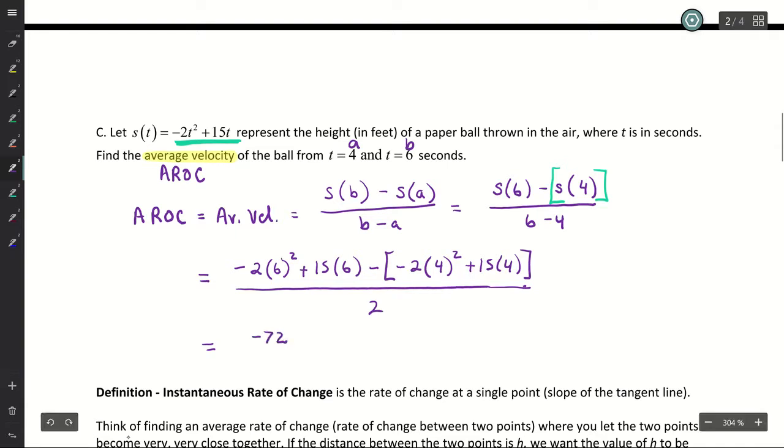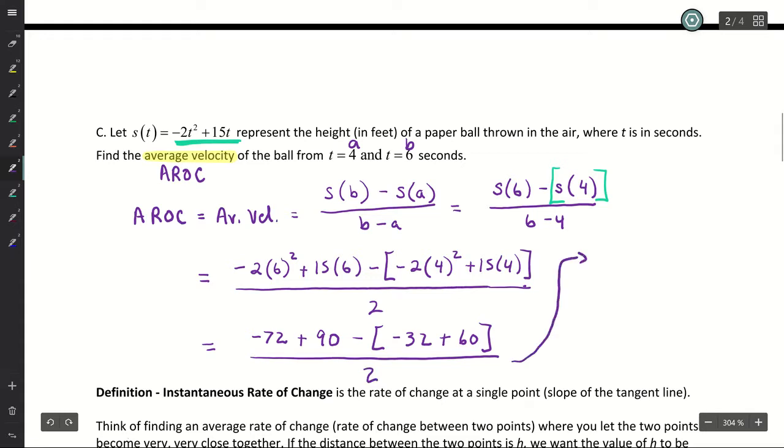Then we have 15 times 6, which is 90. And then minus, we still need brackets over here. We have 4 squared, which is 16. 16 times negative 2 is negative 32. And over here we have 15 times 4, which is 60. And then all of this is over 2. I'm running out of room a little bit, so I'm going to wrap around here.